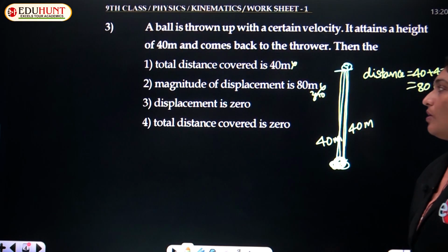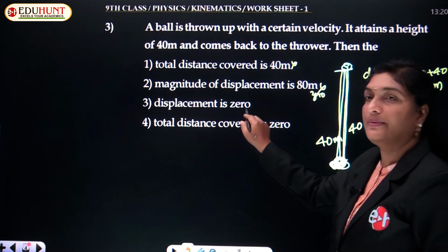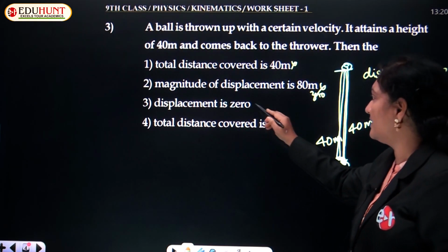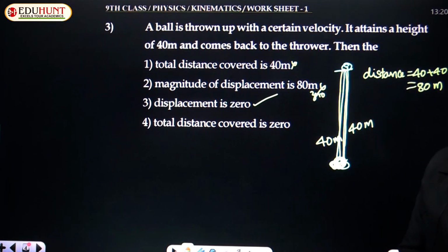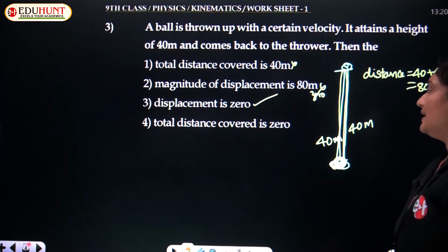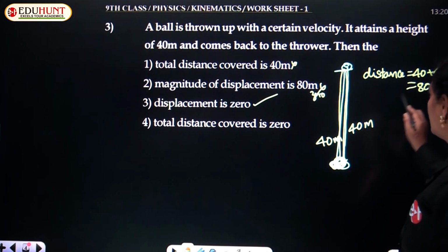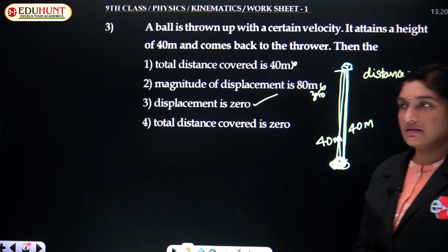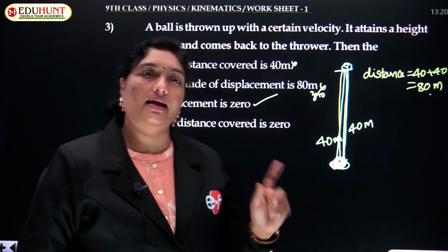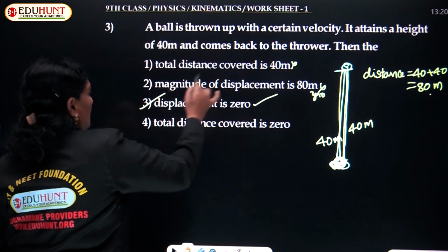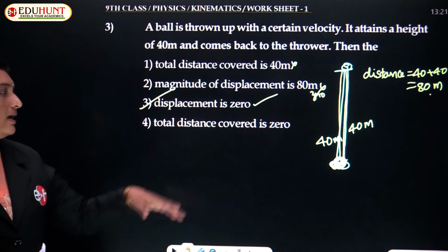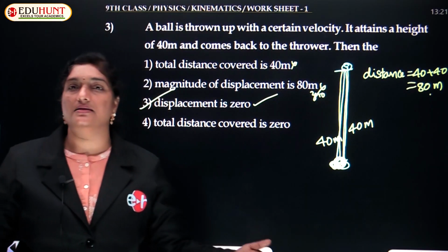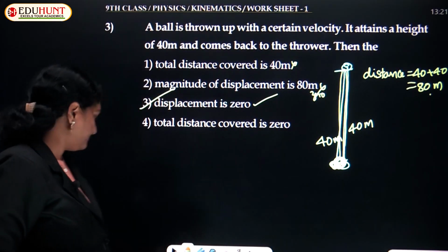So, this must be wrong. Displacement is 0. This is what we have discussed. Total distance covered is 0? No, what is the total distance covered? 80 meters. So, only one option is correct and that must be the third option. So, how much is the displacement, children? Same initial and final positions, hence displacement is 0.